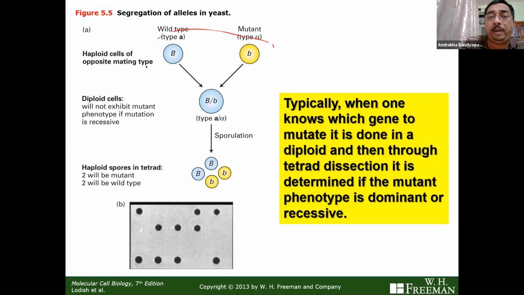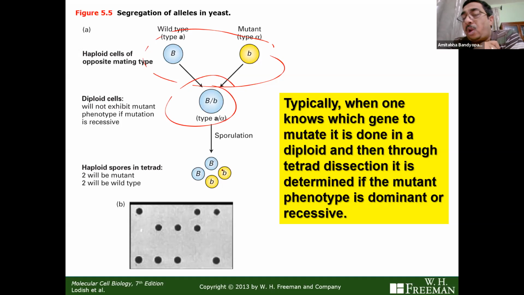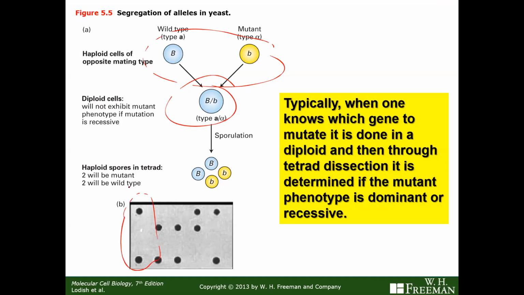From haploid it went to diploid, and then you were segregating them by sporulation. So chances are that all 3 will not be in the same haploid. You will recover many tetrads where all 4 are growing. Then you know for a fact that the mutation was not in one gene. Did I make myself clear? Yes, sir.